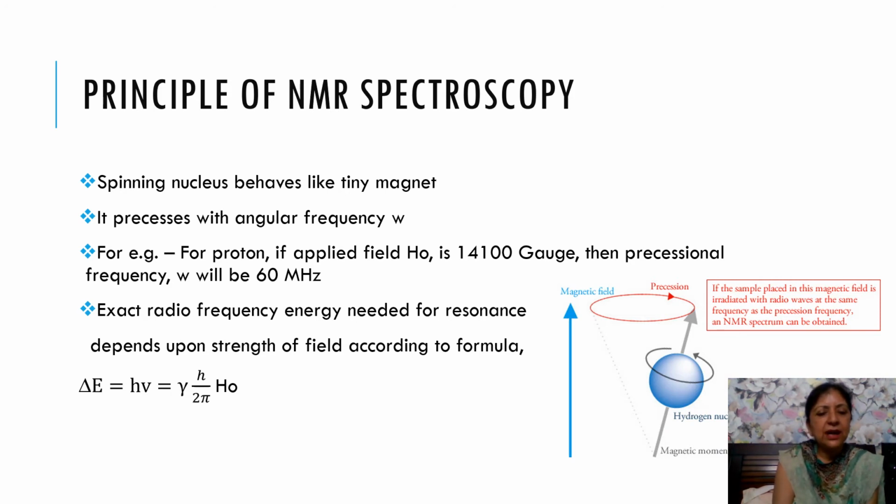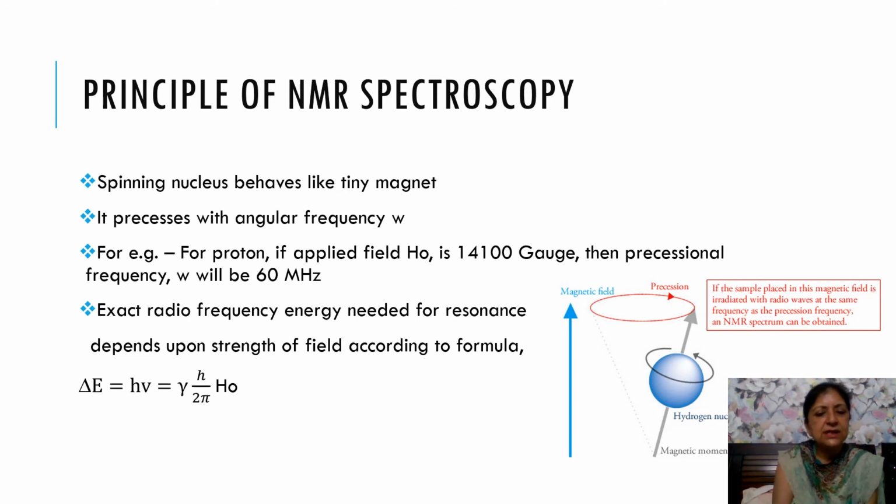Now let me clarify what these symbols denote. Gamma is the gyromagnetic constant, it's a ratio, and for every nucleus it is fixed. Say for the proton, the hydrogen nucleus, its value is 26,750. So it's fixed for every nucleus, and we can just remember that for the proton this is 26,750.